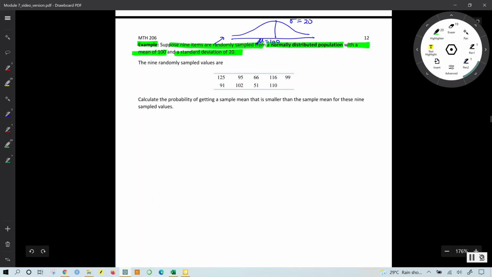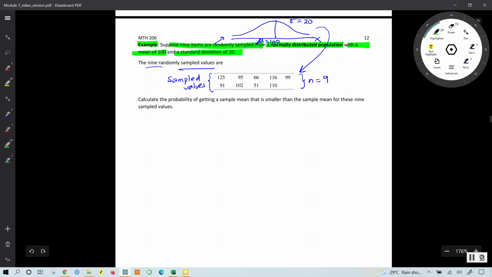Let's write that in full for the original distribution. Then from this population, 9 values were randomly sampled, and these are those sampled data values. Now, this tells us that the sample size n is equal to 9.